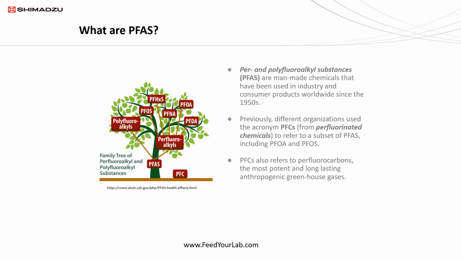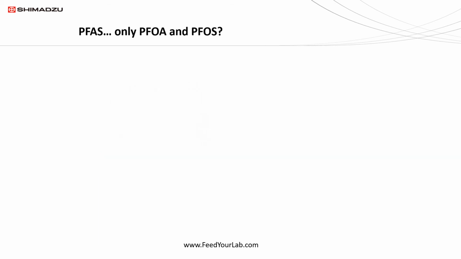So what are PFAS? PFAS are a family of compounds that are per- and polyfluoroalkyl substances. And in the past, sometimes they've been called PFCs, perfluorinated chemicals. There's a whole variety of these materials.